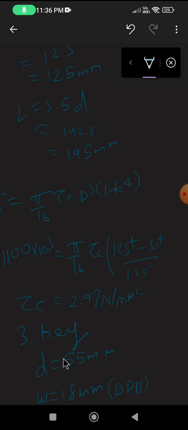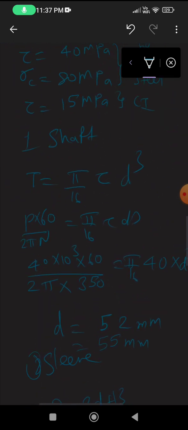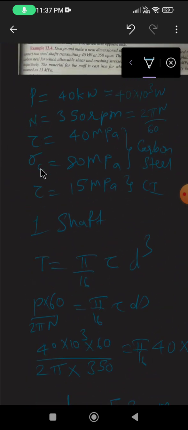So we have to use the design data book, and from that we get the design width equal to 18 mm. Now, the crushing stress of the key material, sigma c, is twice the shear stress.